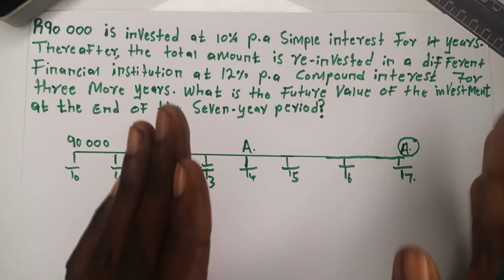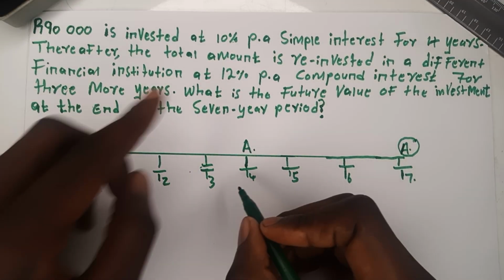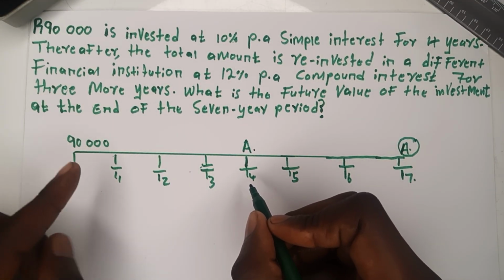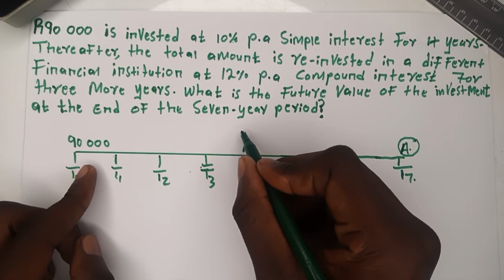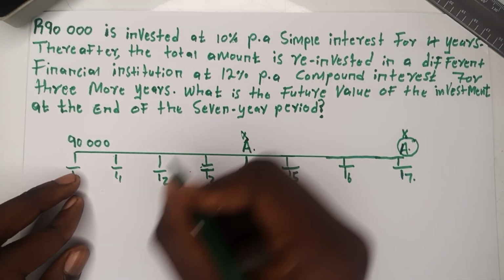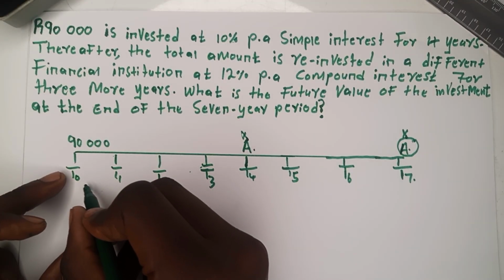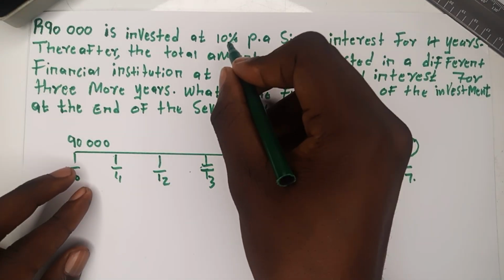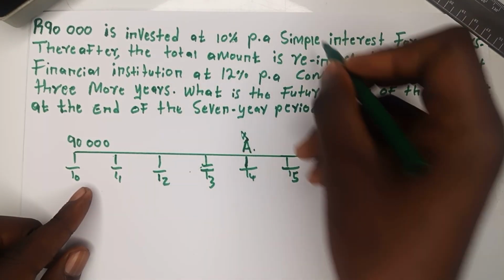So we're still doing the same thing, but remember, guys, right now our main goal is to find the value of this one. But here the amount was growing using 10% simple interest.